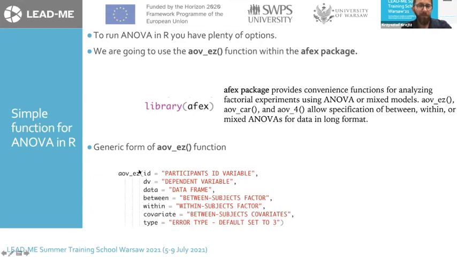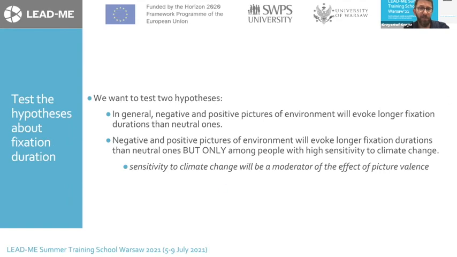With this same function, you can run covariance analysis as well, if you provide the covariate variable. If you don't provide one, it will just run ANOVA. And by default, it's set to run the type 3 ANOVA, which is very useful for social and humanities studies, where the experimental design is not perfectly balanced, and experimental data are not perfectly balanced. I will not go into details of this, it's too much detail.